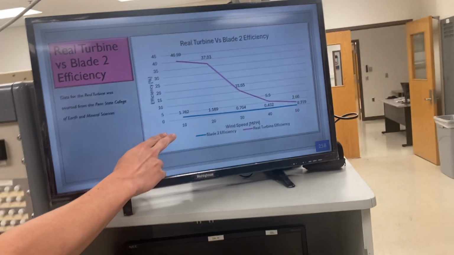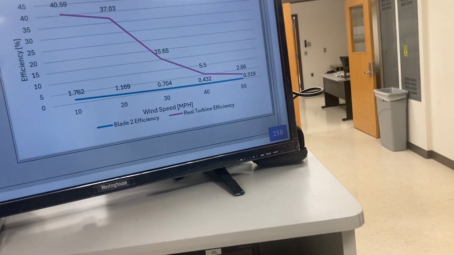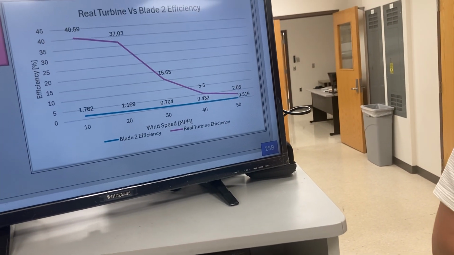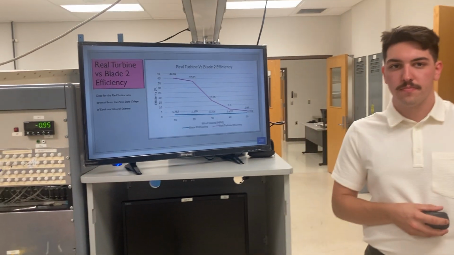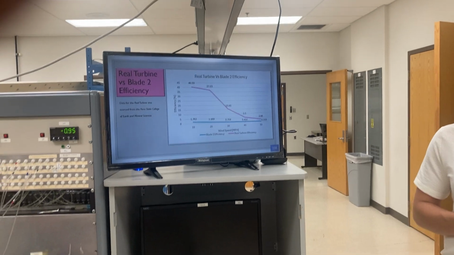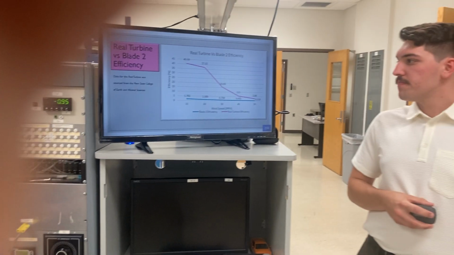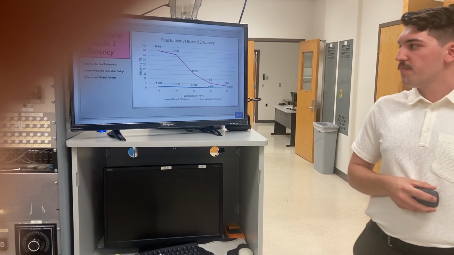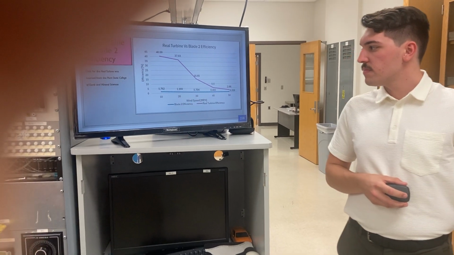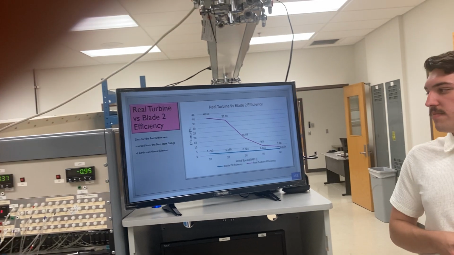Here we found that the actual turbine was able to retrieve over 40% of its wind energy at 10 miles an hour and convert it into electrical energy, which is a very impressive number I was not expecting. And as the wind speed goes up, it falls as ours did.